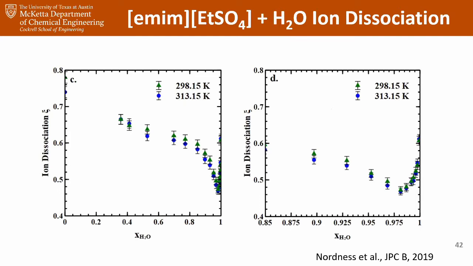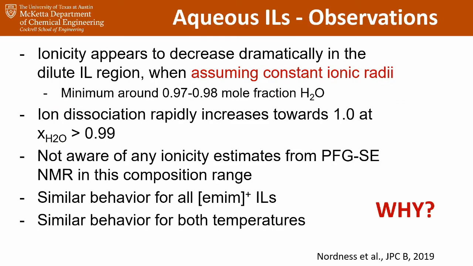So after looking at a number of these systems and thinking about it a bit, what we think is happening here is that our assumption that we have constant ionic radii is probably not correct. And that, of course, is what we're assuming: values for the size of the cation and the anion.